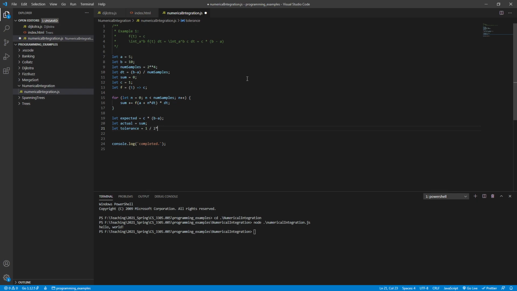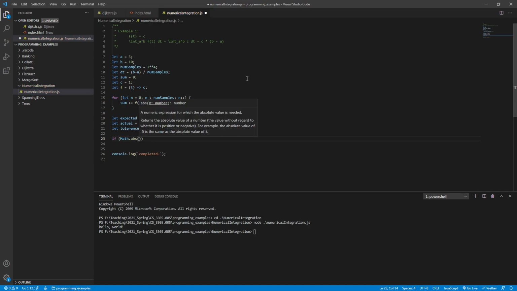So we'll say that one part in, what is it, 16,000 is acceptable error as a result of floating point arithmetic. So we enforce that by taking the absolute value of the difference between the expected value and the actual value and seeing if that is within tolerance.